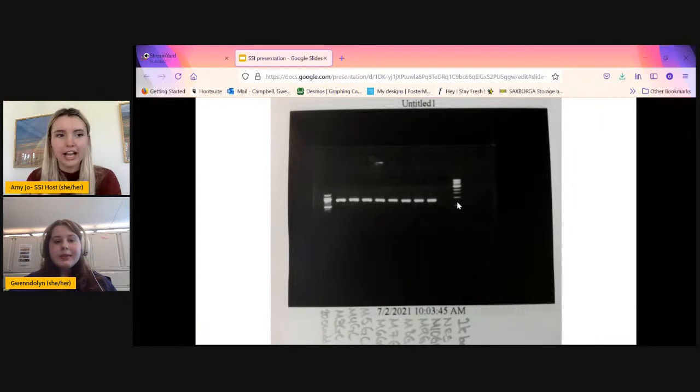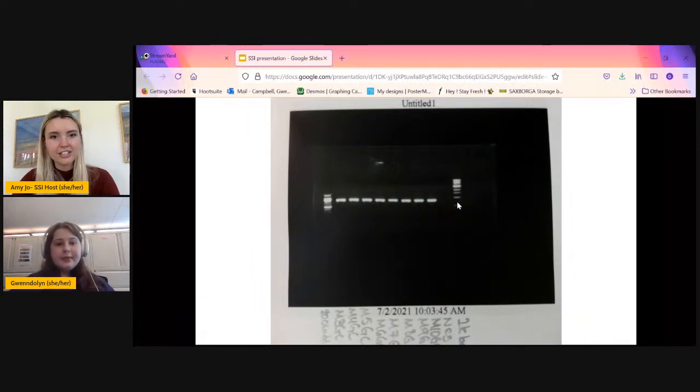So what exactly are you looking for in these gels? You're looking for them all to light up. Yeah. We're essentially trying to make sure that there is enough of our PCR products present in the gels that they light up really strongly, to know that there's actually enough of that product in order to go on to the next step, so that we're not trying to work with something that's completely blank.